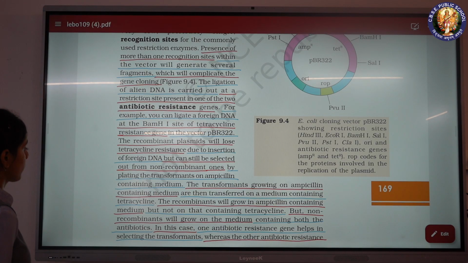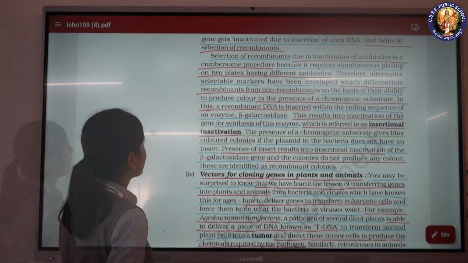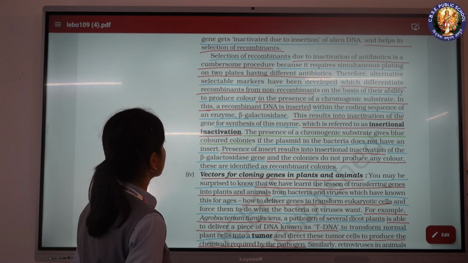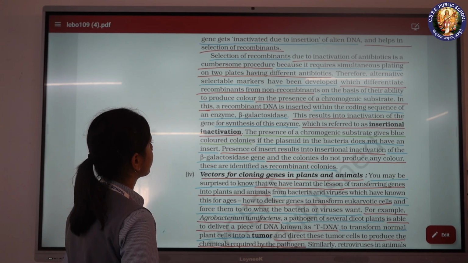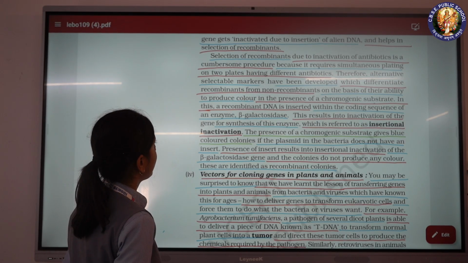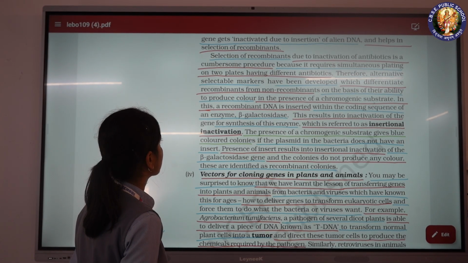In this case, one antibiotic resistance gene helps in selecting the transformants, whereas the other antibiotic resistance gene gets inactivated due to insertion of alien DNA and helps in selection of recombinants.